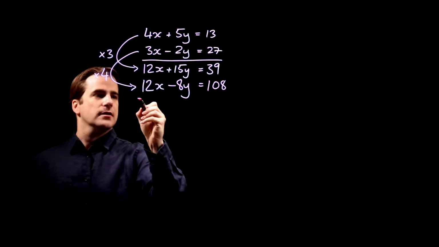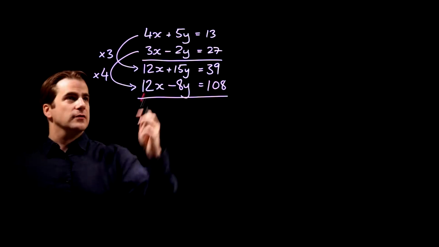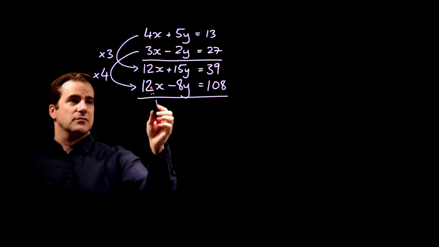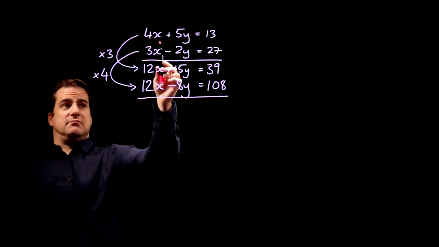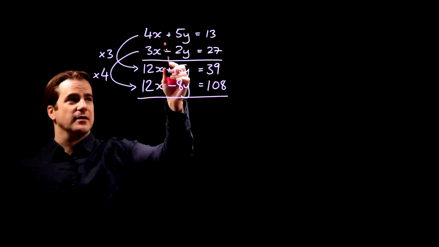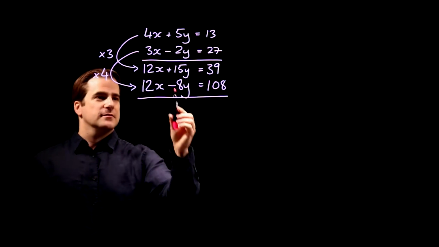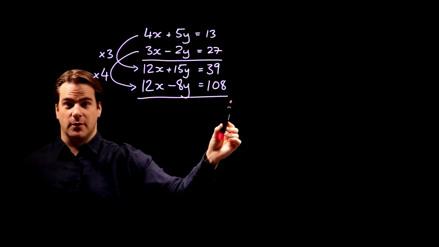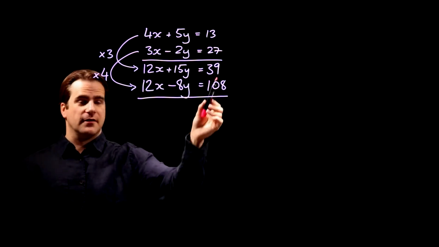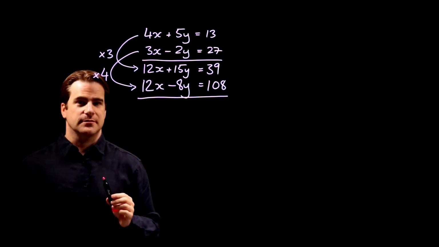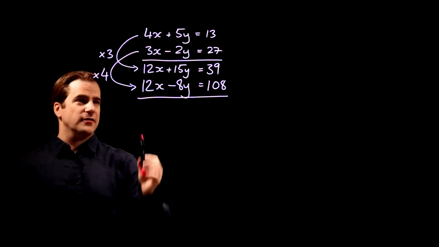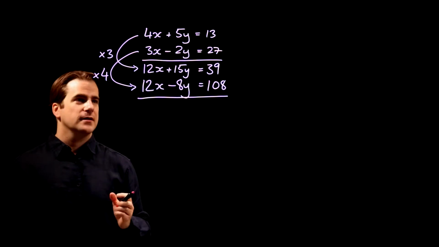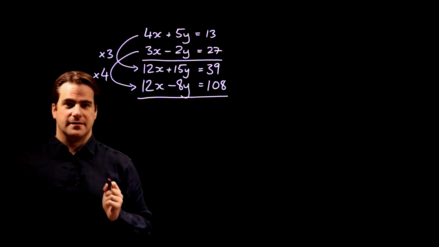These are the same equations, it's just that these two have been multiplied by a number, and as you know, you can do whatever you want to an equation. You can multiply it by whatever number you want, as long as you multiply both the left and right sides, and it's still the same equation. The only difference is we've now got the same number of x's, which means we can eliminate them. And this is the next step.